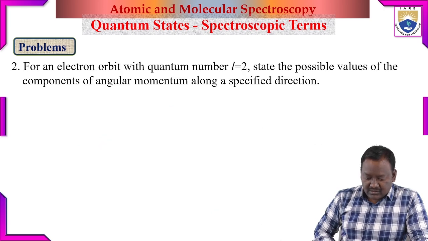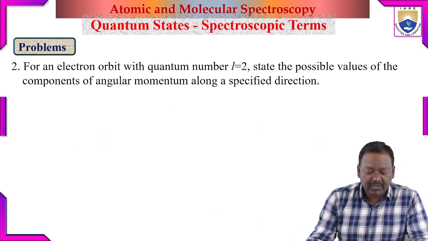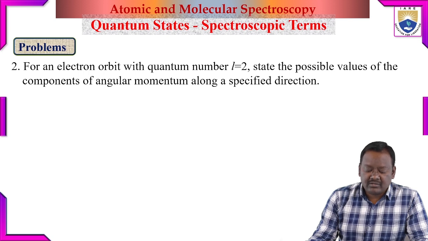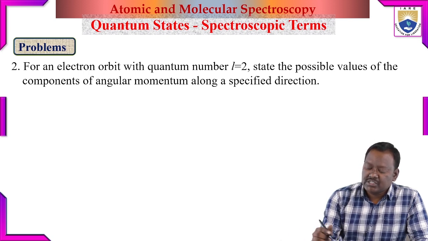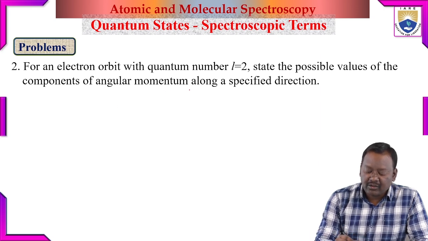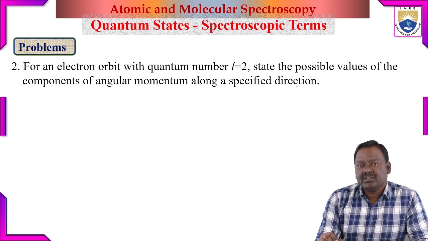So let us go to the second problem: for an electron orbit with quantum number L equal to 2, state the possible values of the components of angular momentum along a specific direction. In general, the electron orbital orientation will be taken with reference to the magnetic field direction.